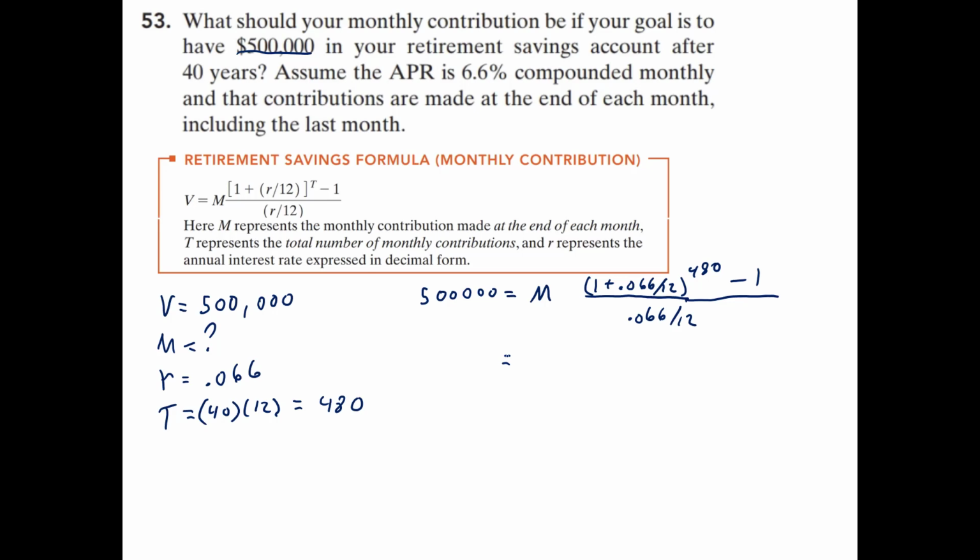Next, we're just going to realize that this part right here is just a number, and we're going to figure out what number that is by plugging it into the calculator. So parentheses 1 plus 0.066 divided by 12, close the parentheses, raise it to the 480, minus 1, and then we can hit enter and get 12.91220498, and then divide that by parentheses 0.066 divided by 12.